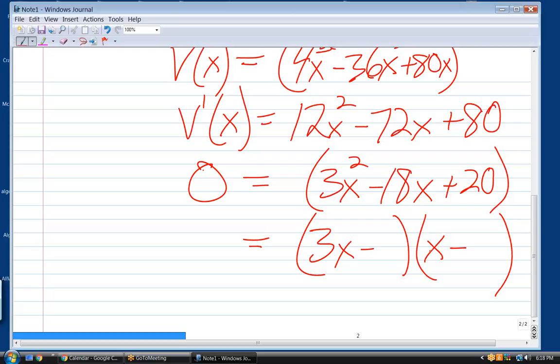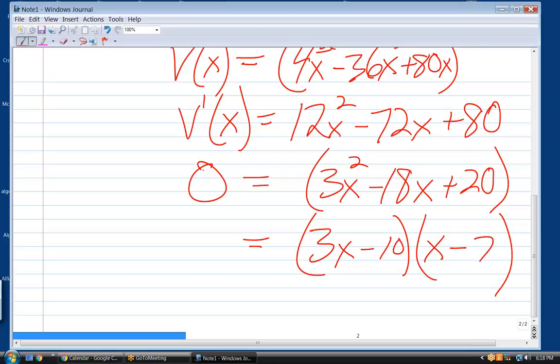And let's see, how am I going to get 5 and 4? So close. What else multiplies to 20? 10 and 2, also so close.